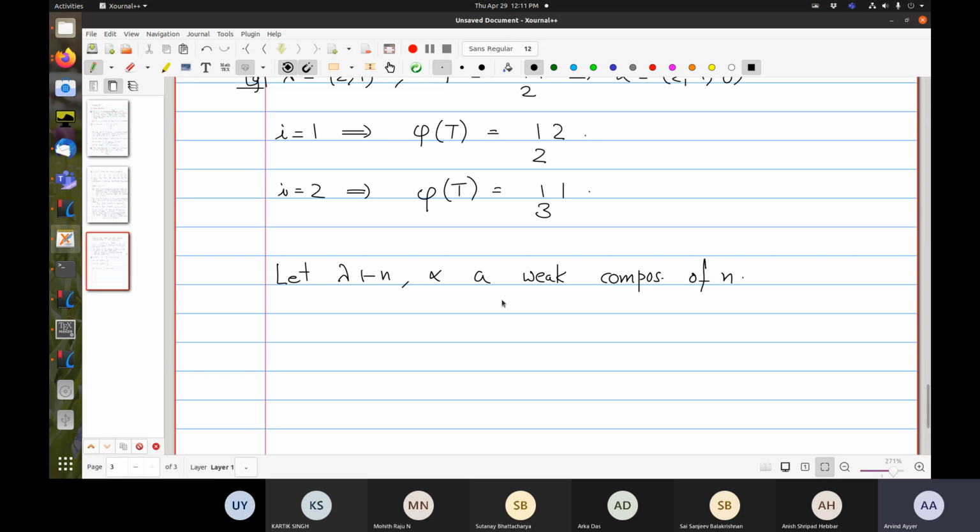Then K lambda alpha is the number of SSYTs. So it's the cardinality of T and alpha, and is called the Kostka number.